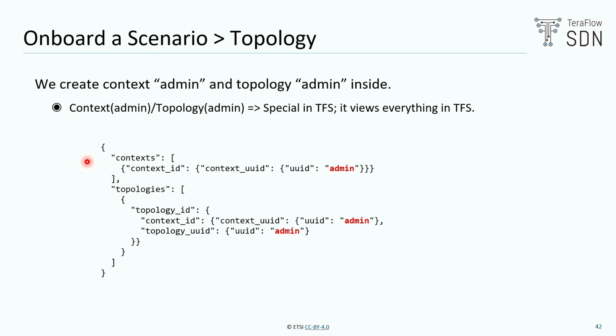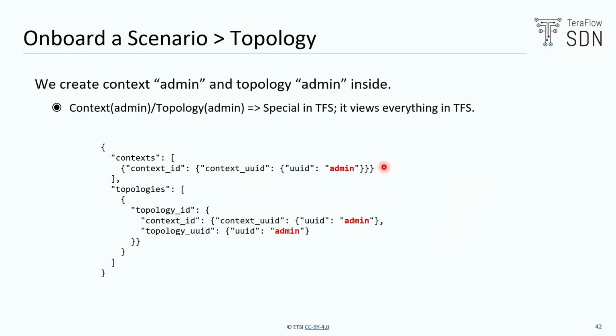There is a special one, the context admin, topology admin, that has a view of everything that you onboard in TeraFlow, but then you can create other topologies in the context that have specific views only of particular segments of the network. I will not go into these particular views because it might take a while. So let's just stick to this admin.